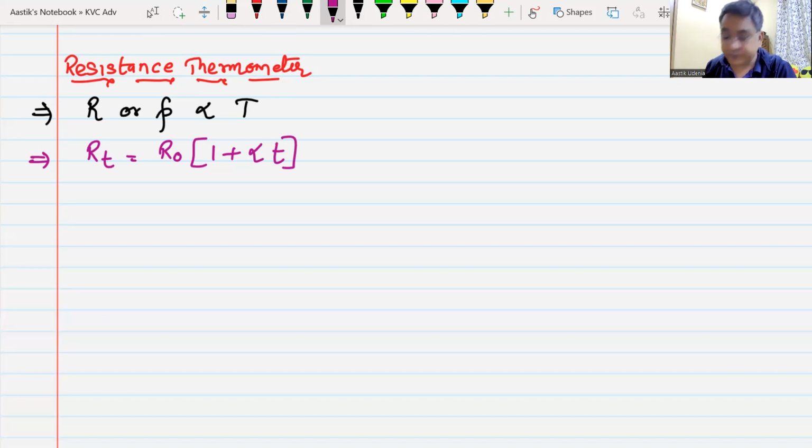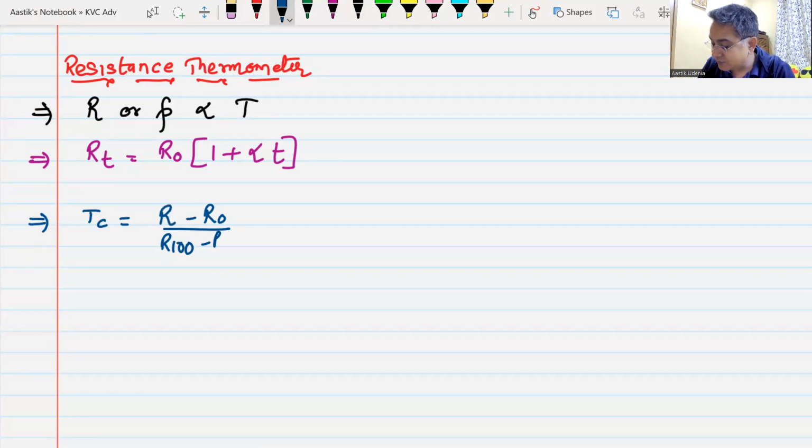From here, I can write the formula for temperature in degrees Celsius. I will find the resistance, subtract the resistance at 0, divide by resistance at 100 minus resistance at 0, and multiply by 100. Do we understand this?